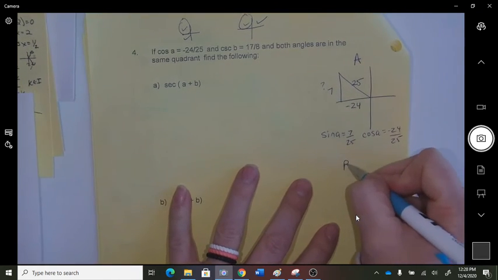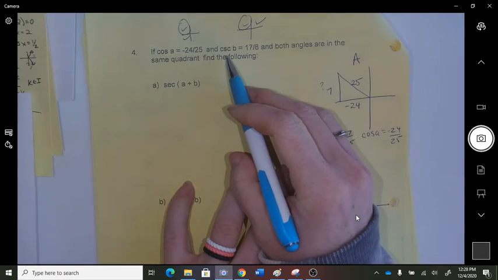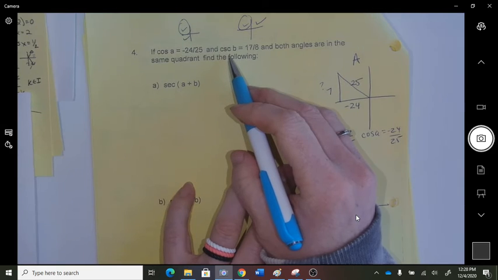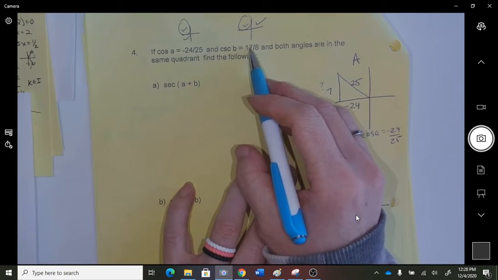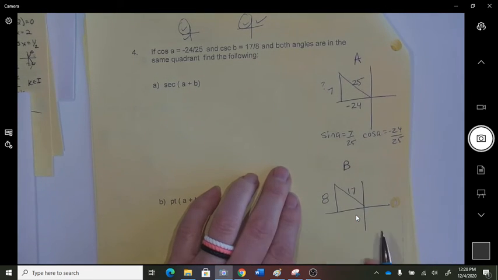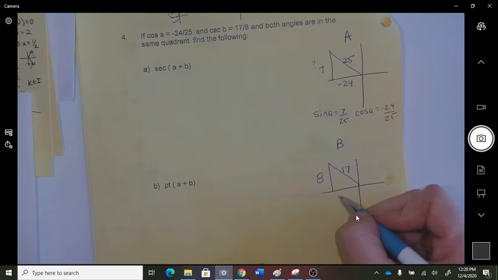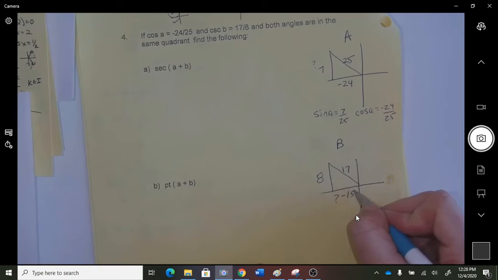Okay, let's talk about B. We know it's in quadrant 2. We are given a cosecant. Okay, so that's the opposite of sine, so that's an r, and that's a y. So then I would have to solve for the missing x, which would be negative 15, because it's left.